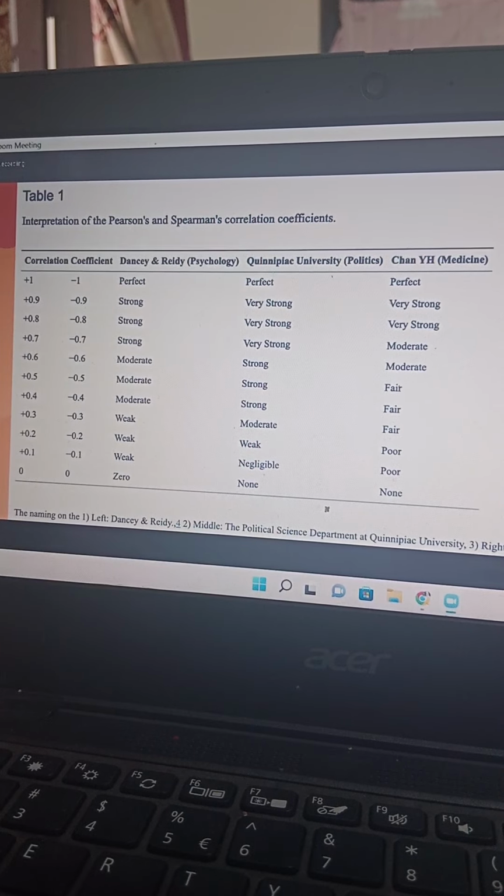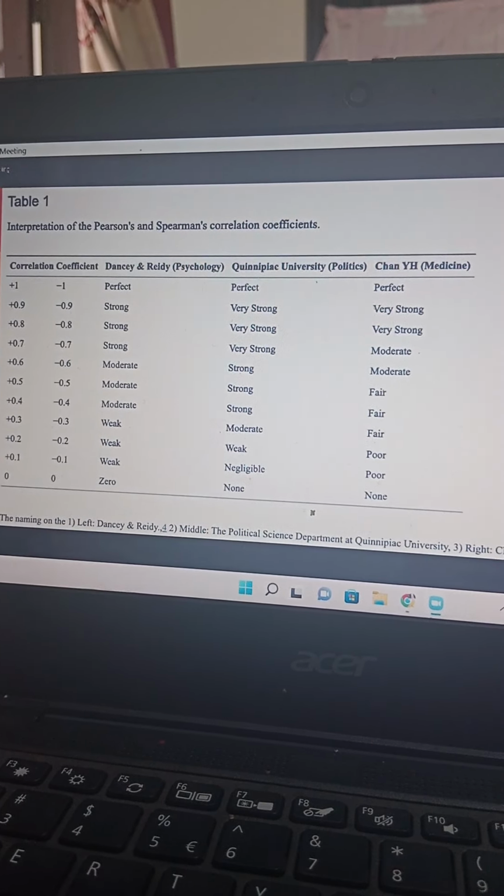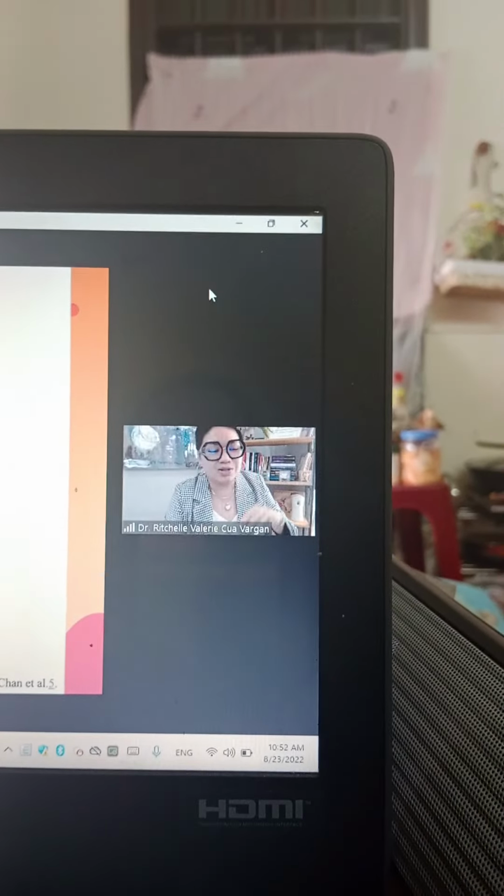Okay. You cannot have a perfect correlation, not unless you are trying to correlate the same variable. For example, earlier there was an example where you want to see the correlation between salary and length of employment in a firm.